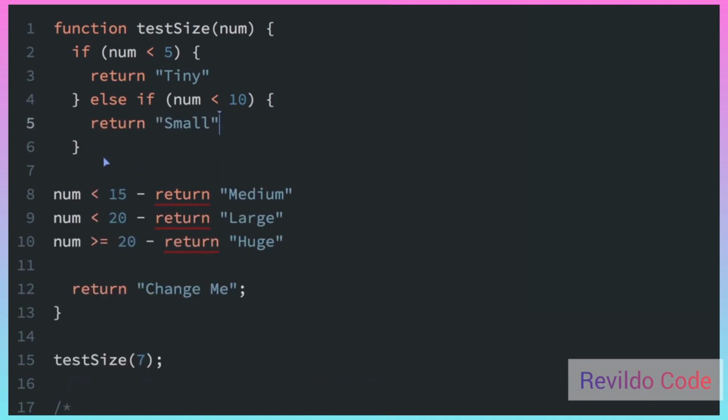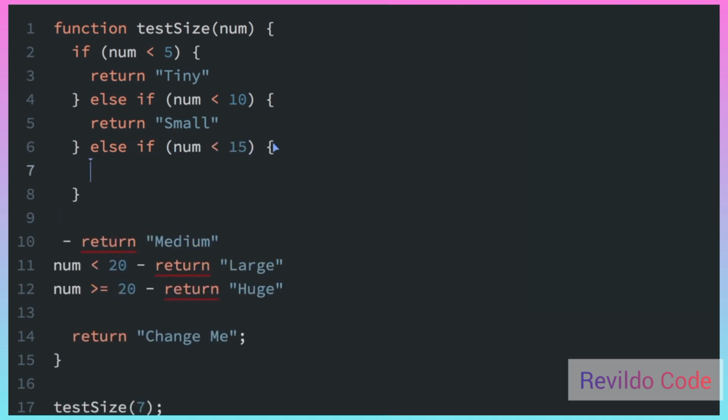And then we have another else if statement. Else if, and the condition, just like before, number is less than 15. Put that in there. We always need the curly braces to show what's going to happen in the if statement. So I'm just cutting and pasting this text again. We have an else if, and then we have this here.